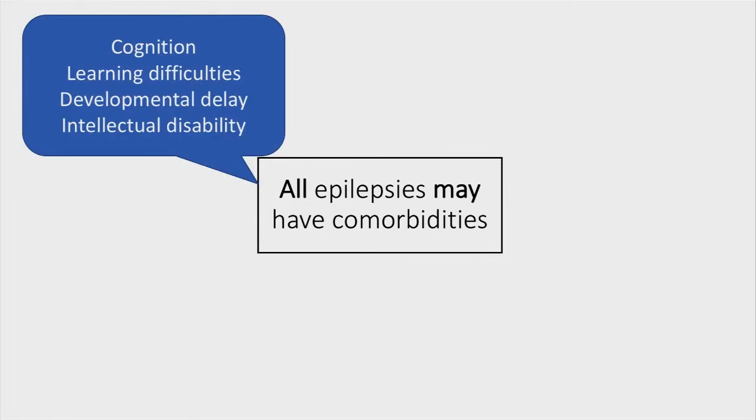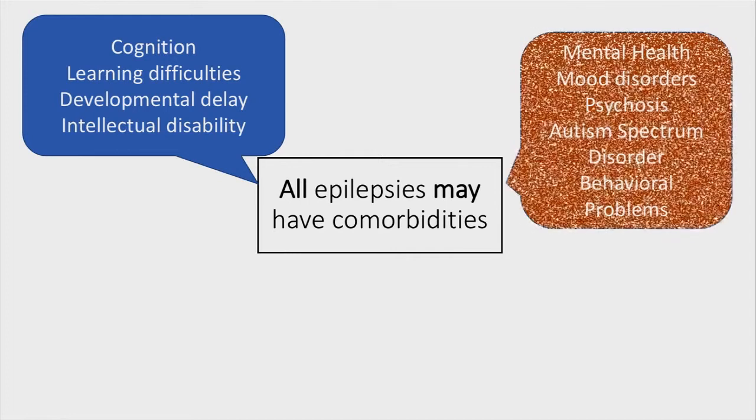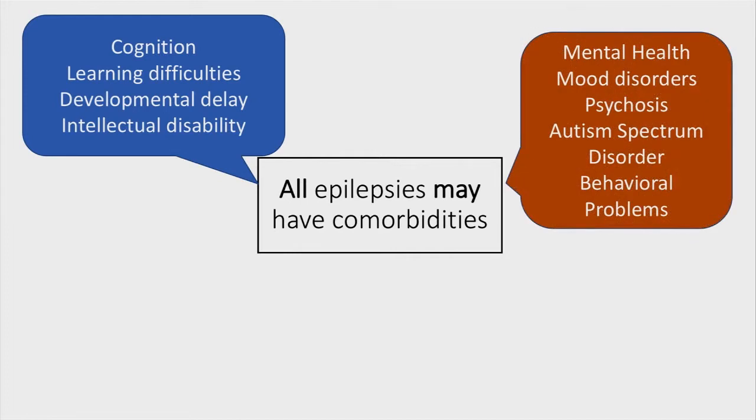And these, in this group of patients, we know are often about learning, developmental delay, intellectual disability, or global delay in some of our children. But also really important are the psychiatric group. Autism spectrum disorder is about a third of the patients, I think, with the developmental and epileptic encephalopathies.